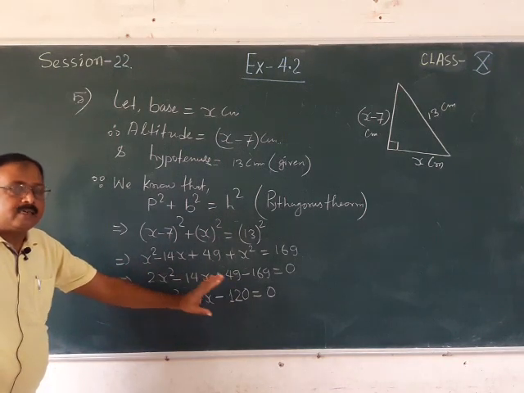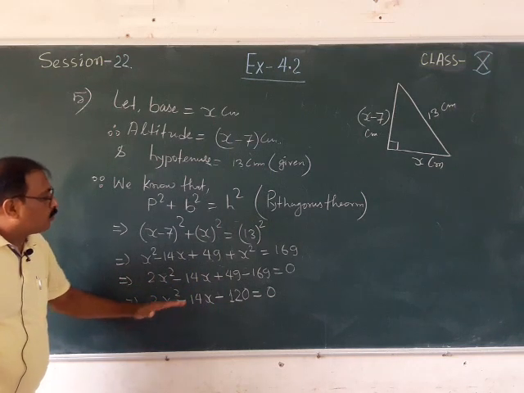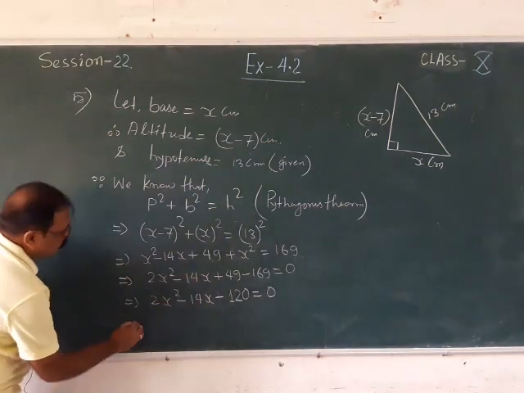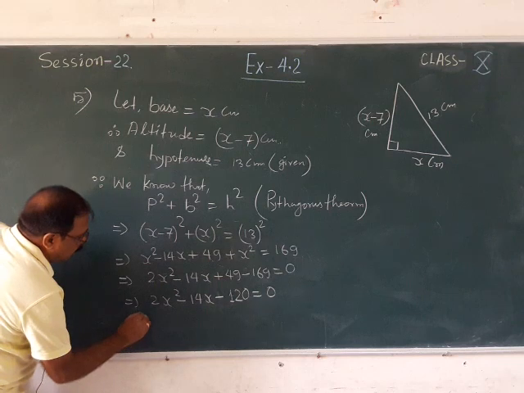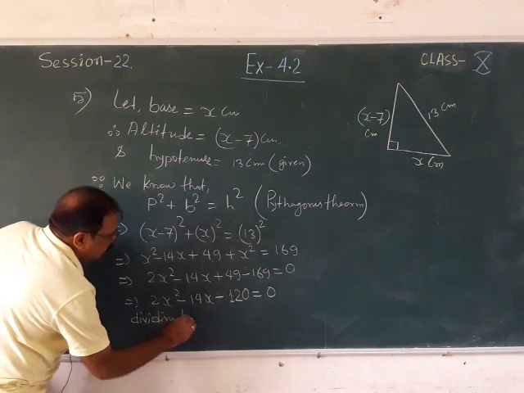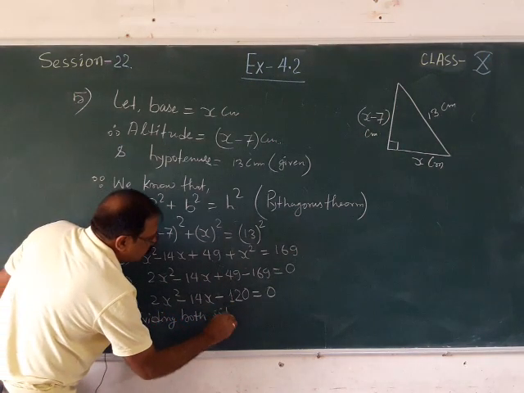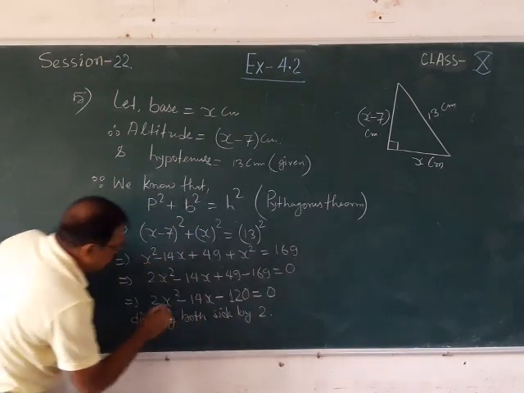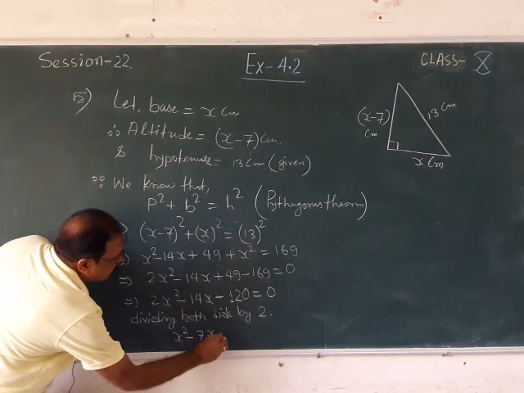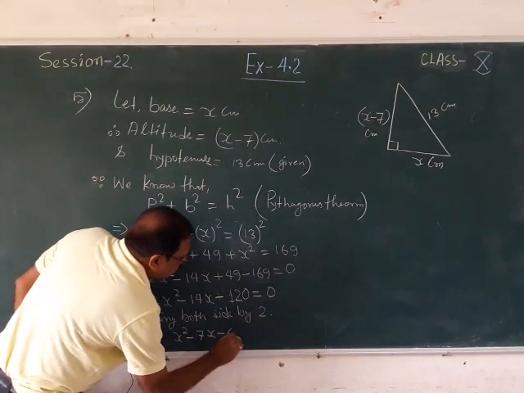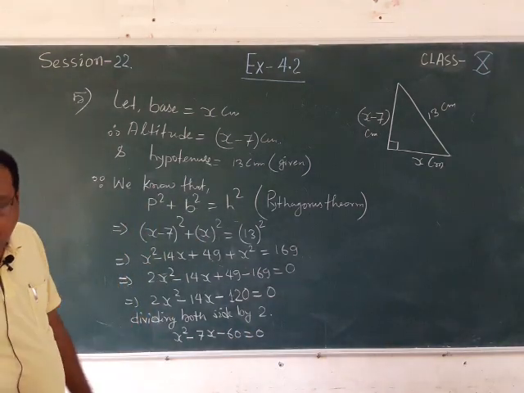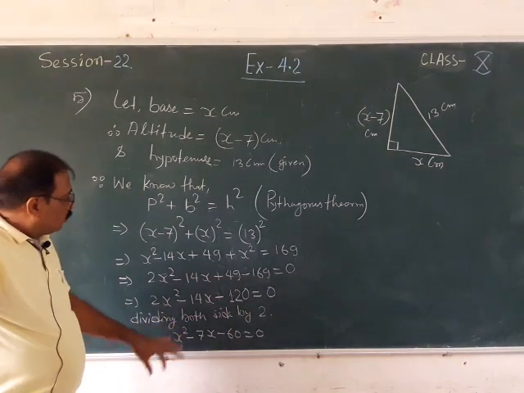If you can divide this by any number, divide it, that will give you the smallest numbers to solve. So dividing both sides by 2, it will become x square minus 7x minus 60 equal to 0.